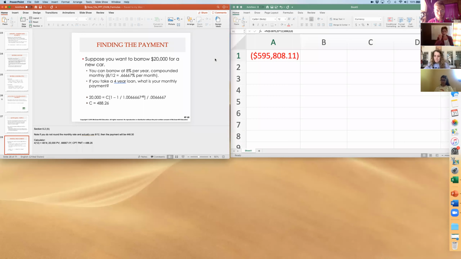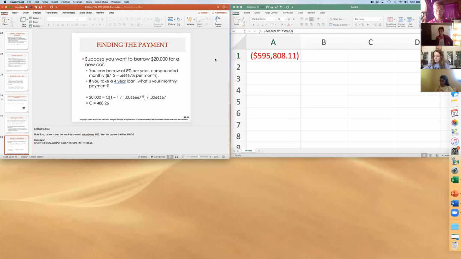You can borrow at 8% a year. That would also be called the APR, annual percentage rate. So this is in annual terms, 8%, and that's per year. That is normally how they're quoted. It's rare when you see it quoted in monthly terms like we had on that last problem. It's almost always in an APR form. And this loan is going to be for 4 years.